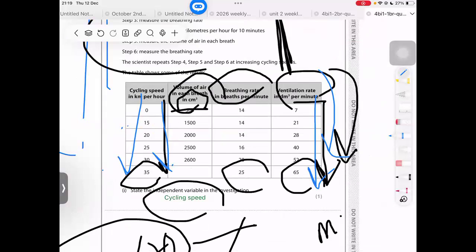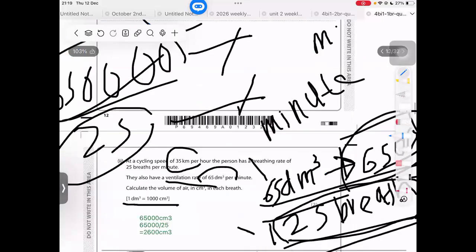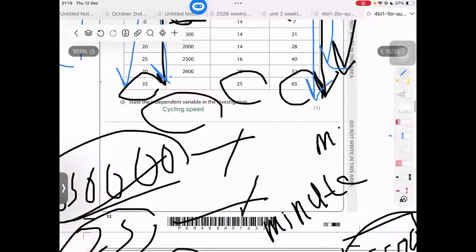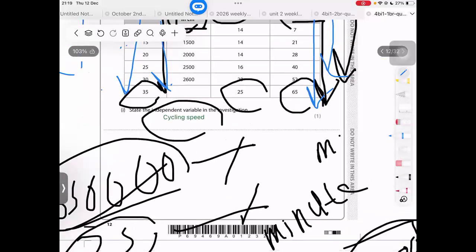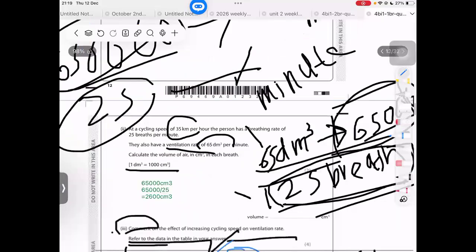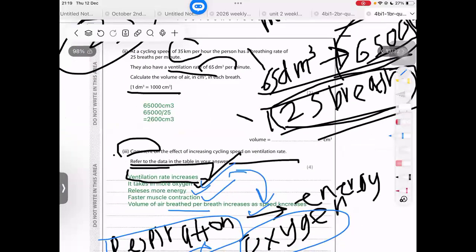When aerobic respiration increases, it requires more oxygen, right? So if you write more oxygen, you get another point. You might not get a point for the aerobic respiration, but because you have explained it that way, you are leading to the next point. It takes in more oxygen. Then, because we need more oxygen, what happens to our ventilation rate? It increases further.